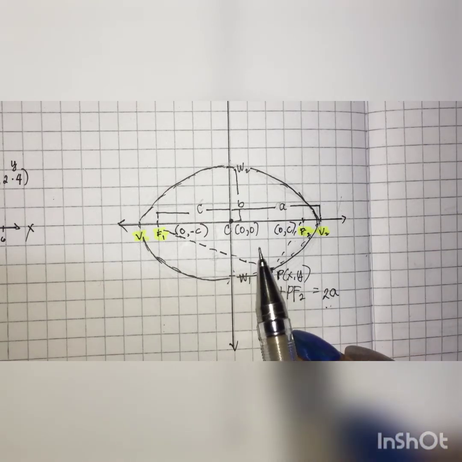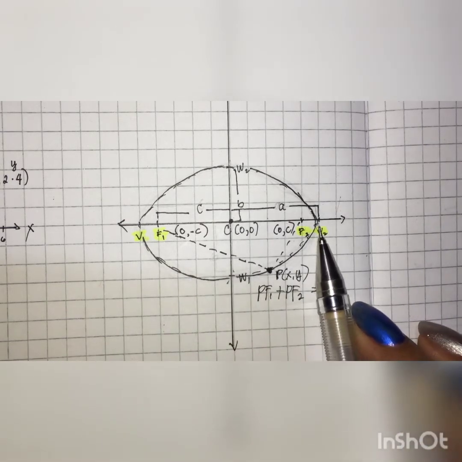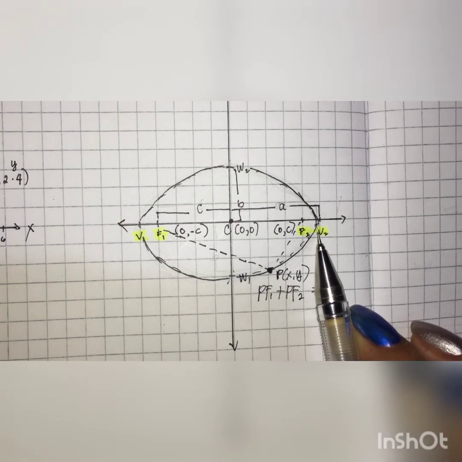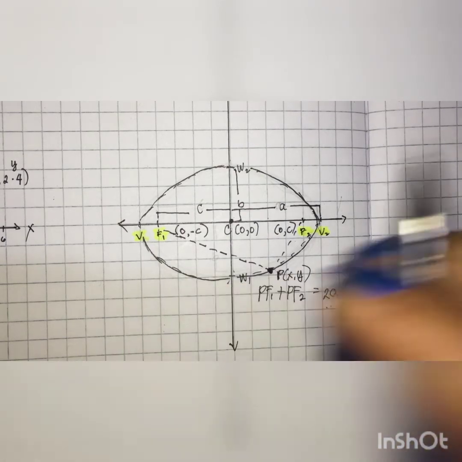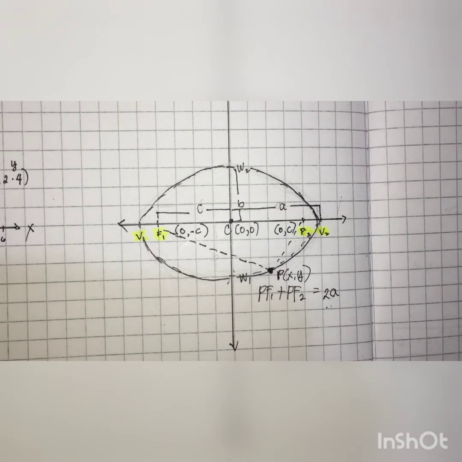The segment V sub 1 V sub 2 is called the major axis.